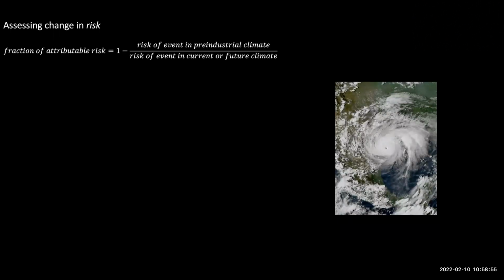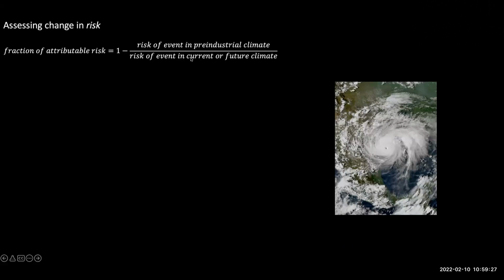So now the fraction of attributable risk, the fraction of the risk of some weather or climate event that's attributable to increased greenhouse gas concentrations, is 1 minus the risk of the event in pre-industrial climate divided by the risk of the event in current climate, would be one way to calculate it, or looking at future climates.